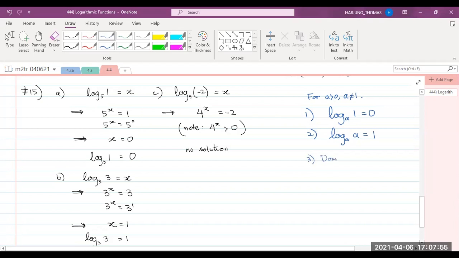Domain of y equals log base a of x is x has to be strictly positive. So the argument of log has to be positive.